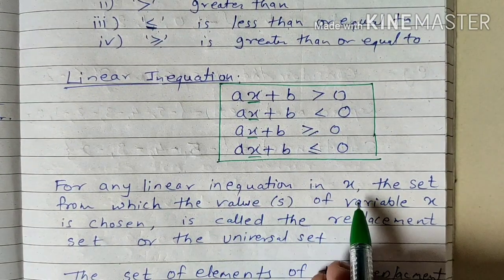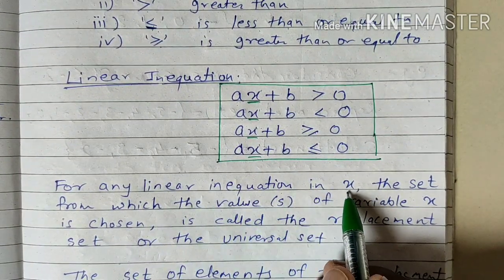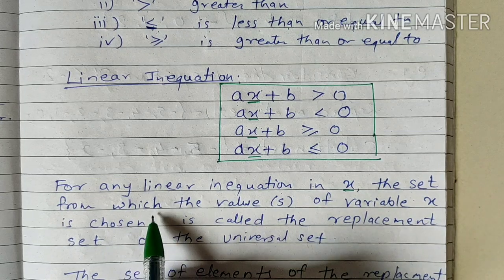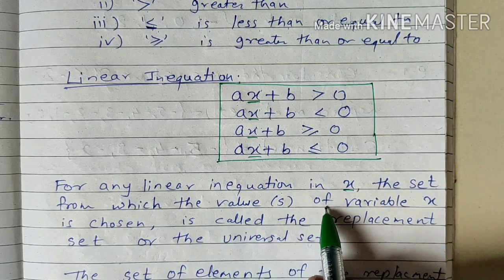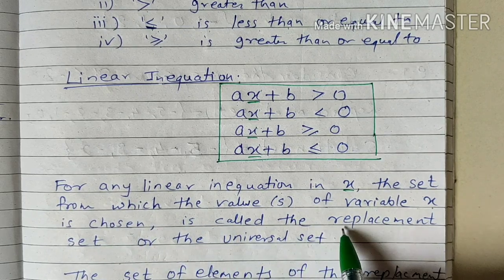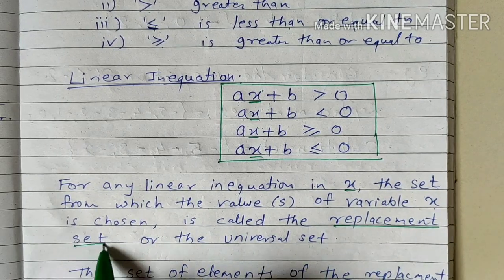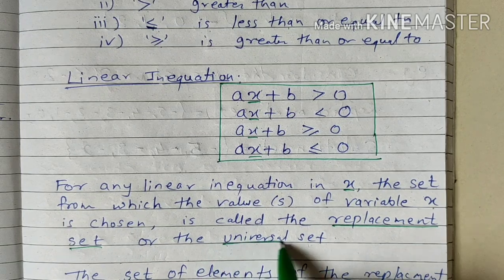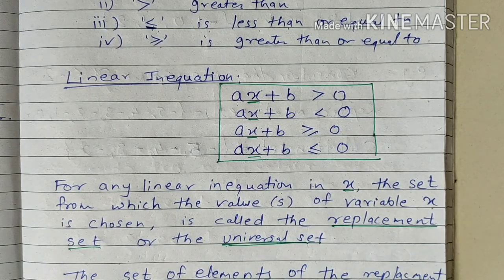Now, for any linear inequation in x, the set from which the value of variable x is chosen is called the replacement set, or we can also call it the universal set.